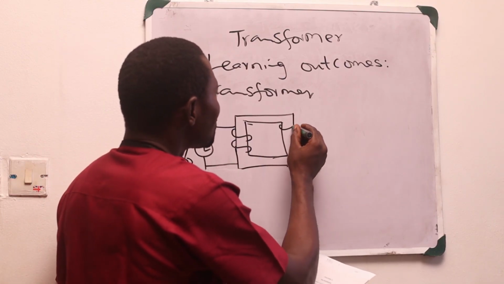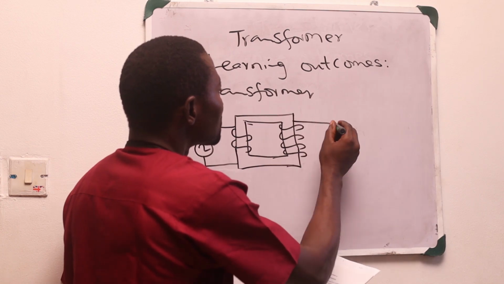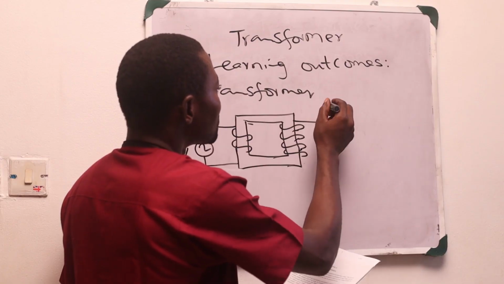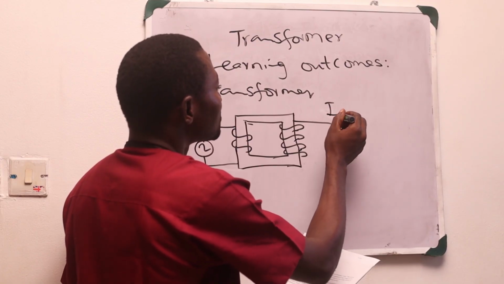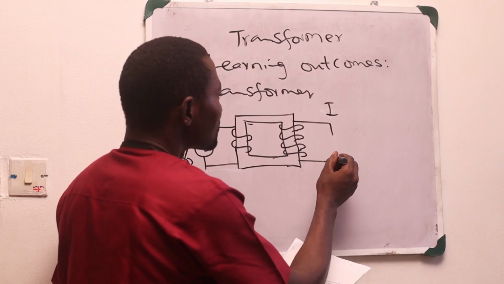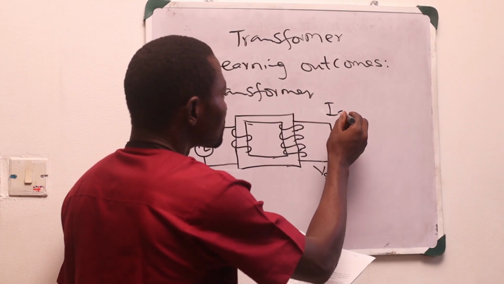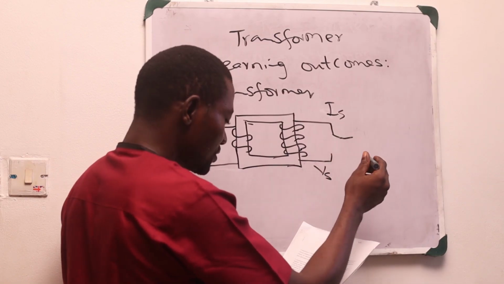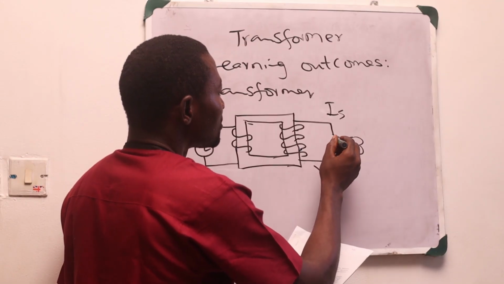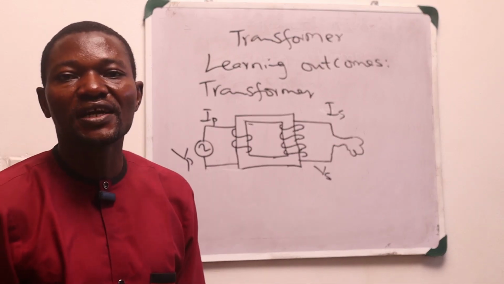Then it has another part where you have your current, the outlet, and also your voltage. So if you connect this to, let's say, a bulb, it will glow. So this is a circuit diagram of a transformer.